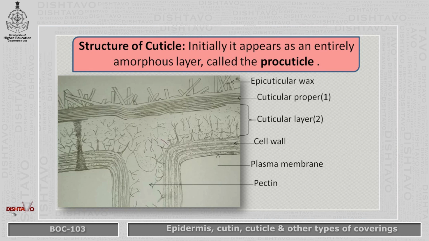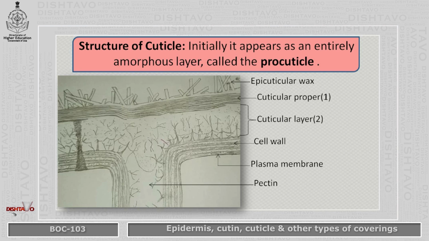Next is the structure of cuticle. Initially, when the cuticle starts forming, it is just one amorphous layer known as procuticle. Later, it gets divided into two layers. The first layer is the cuticle proper, which you can see in this image marked as 1, and the second layer is the other cuticular layers.